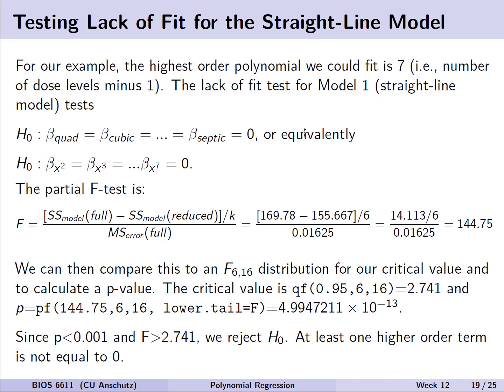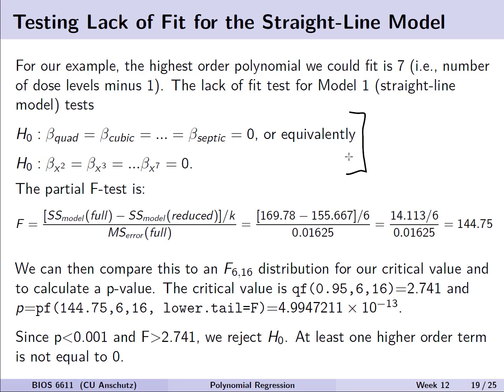In our example, the highest order polynomial we could in theory fit is up to the 7th power. This can be calculated as the total number of dose levels we have minus 1. Using this, then we would be testing for our straight line model the null hypothesis that all of the possible higher order terms we could have are all equal to 0.